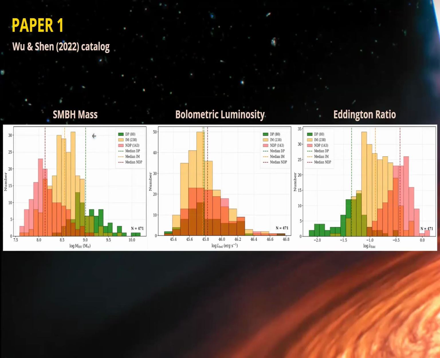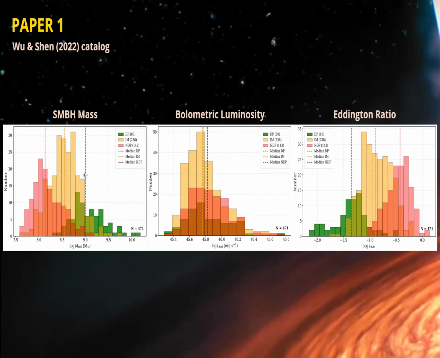But some of these trends were very strange. For example, this first one here, the mass. It does not make much sense for double-peaked quasars to be more massive than non-double-peaked ones, since our classification suggests that they differ only by the inclination.